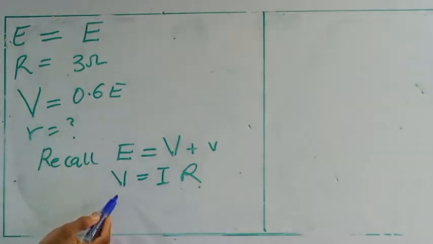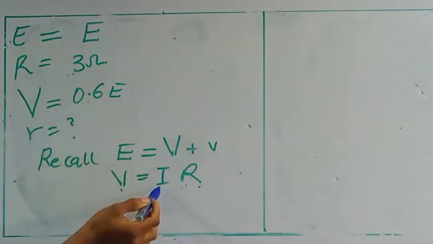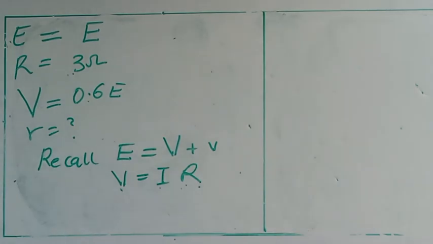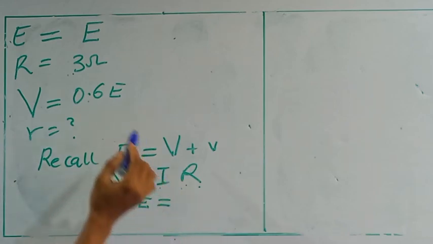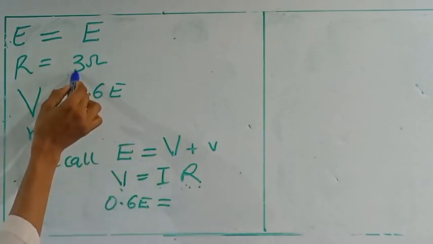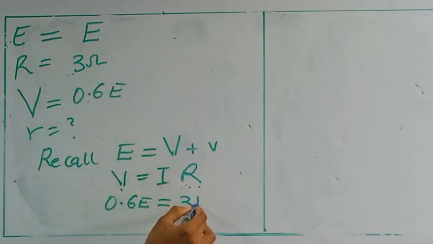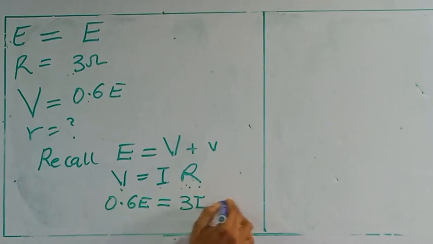V is given as 0.6 E, R is given, but no current is given. So we have 0.6 E is equal to I times R. R is 3, I times 3, which is 3I. Remember, I is the current, 3 is the ohm. So we have gotten this as equation 1.